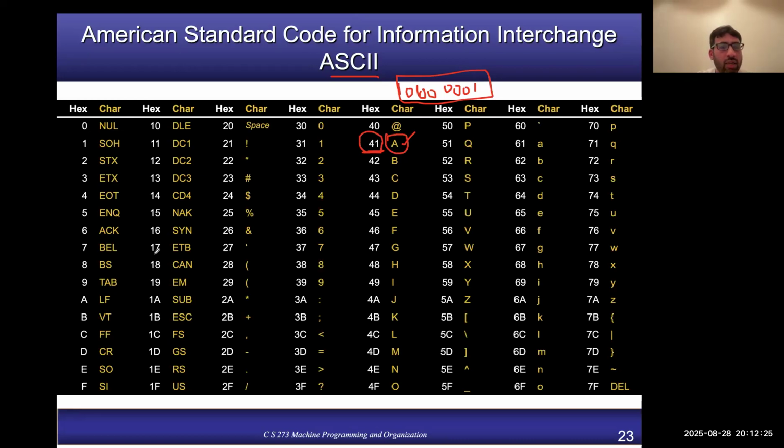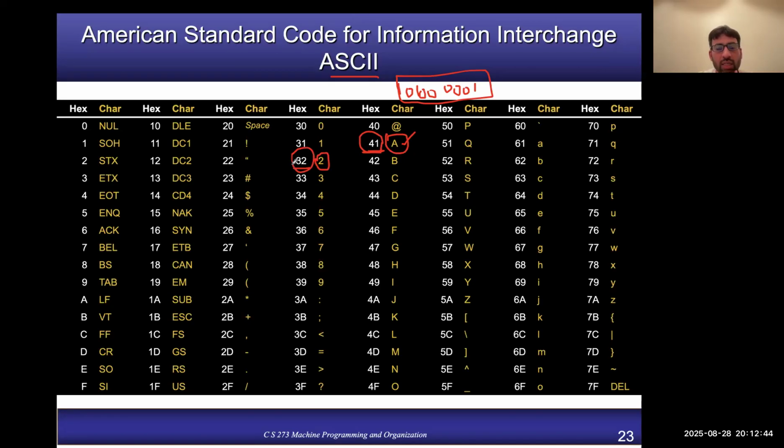For example, the key 2 on your keyboard will have the hex code of 32, but definitely the binary is what is sent to the computer, not the 32 hex. The hex is only for our readability.